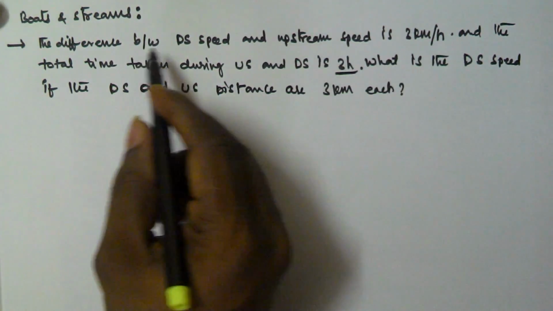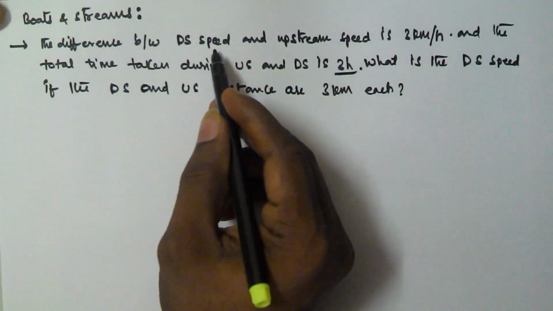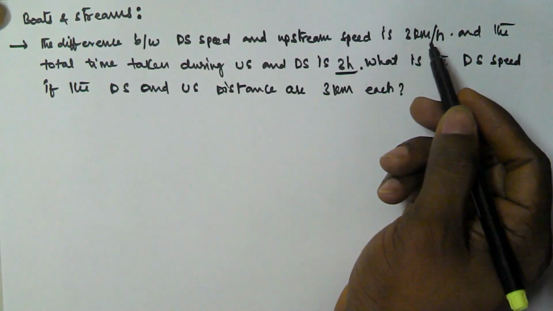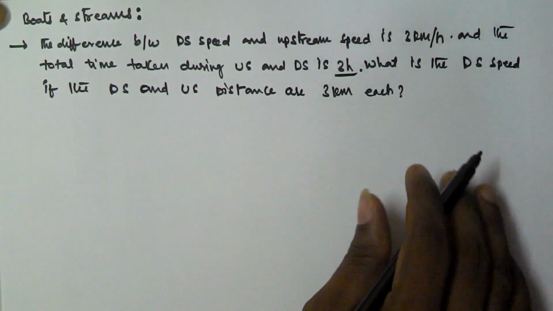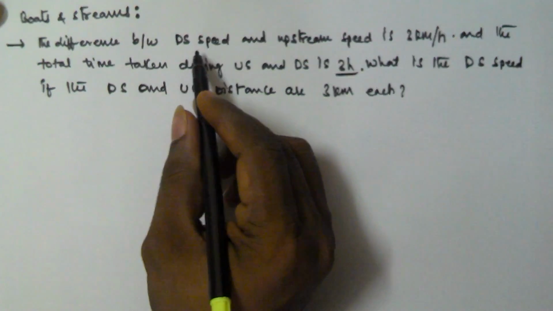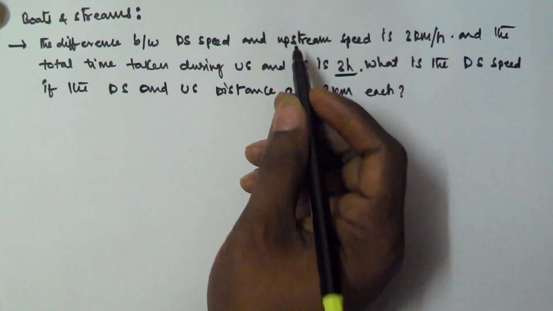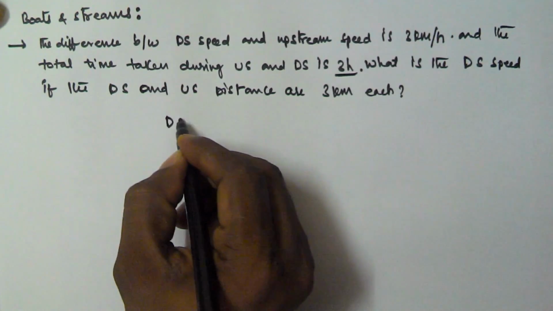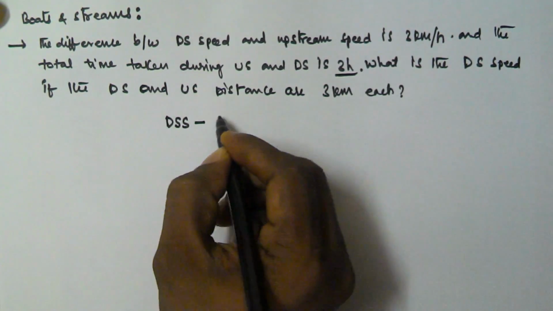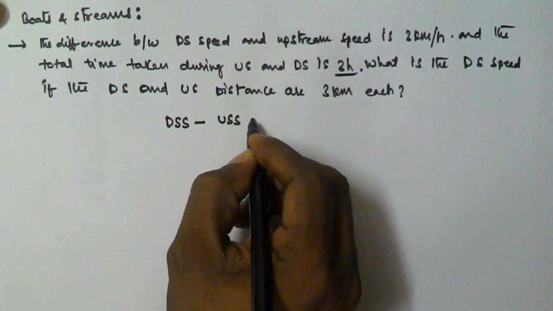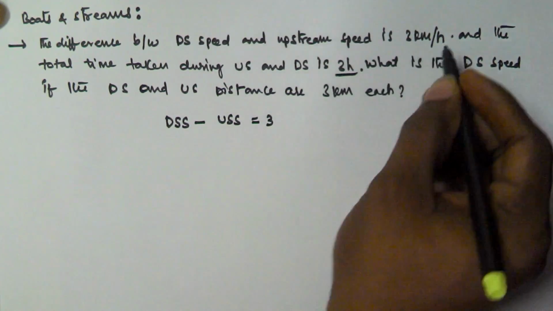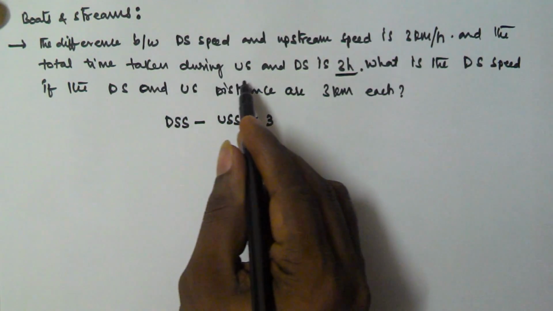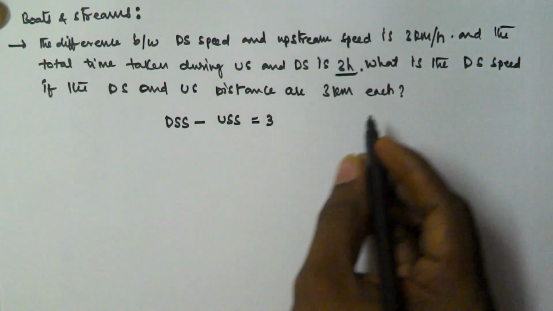So it is given that the difference between the downstream speed and upstream speed is 3 kilometers per hour, right? We know that the downstream speed is always greater than the upstream speed. So downstream speed minus upstream speed is equivalent to 3 kilometers per hour, and the total time taken during the upstream and downstream is 3 hours.